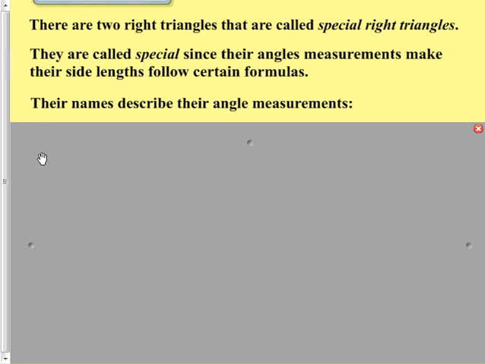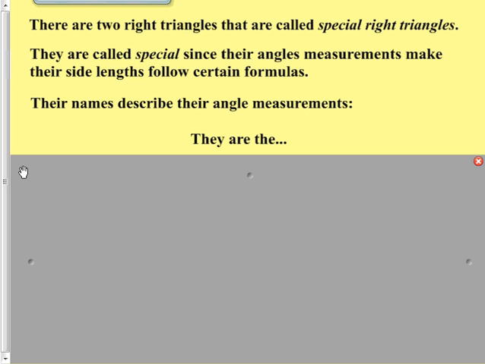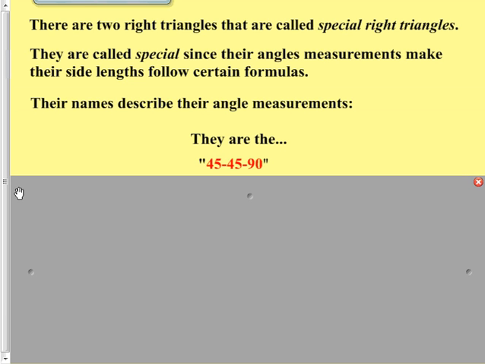Now their names describe their angle measurements, and there are two. Okay, the first triangle is the 45, 45, 90, which is referring to the three angle measurements inside of the triangle. You have a 45-degree angle, another 45-degree angle, and obviously a 90-degree angle.